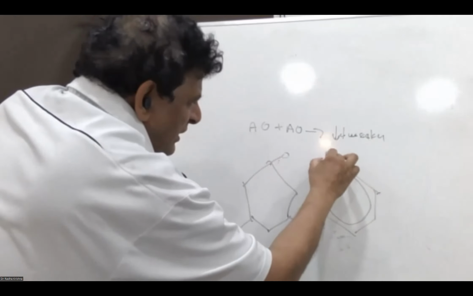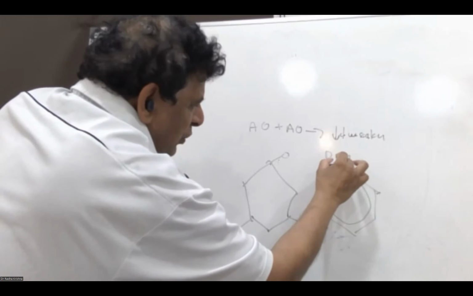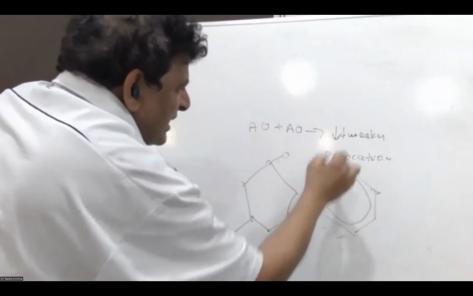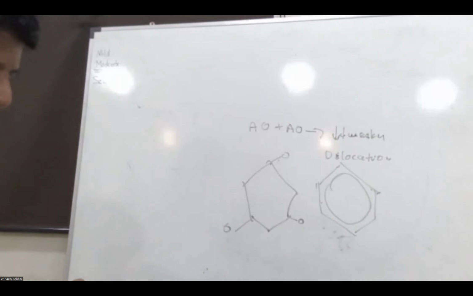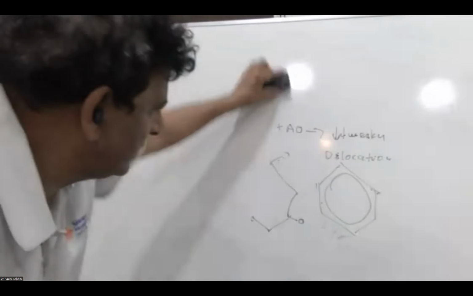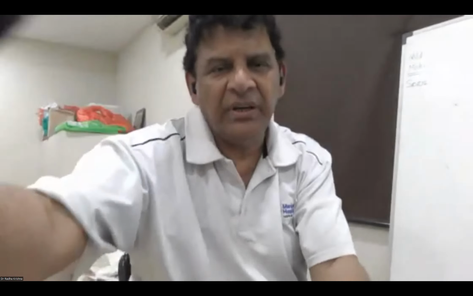This is called delocalization. An antioxidant becomes delocalized. That is why it's able to become an antioxidant. This is how antioxidants work. That is why we need to have a lot of antioxidants to remove the massive oxidative stress.